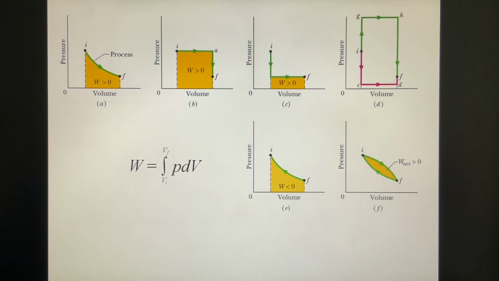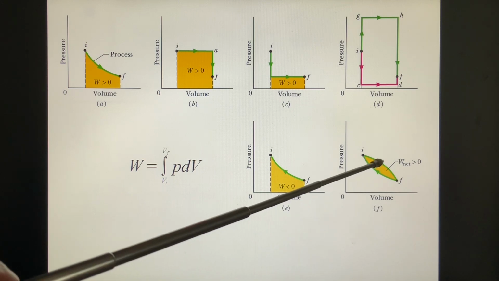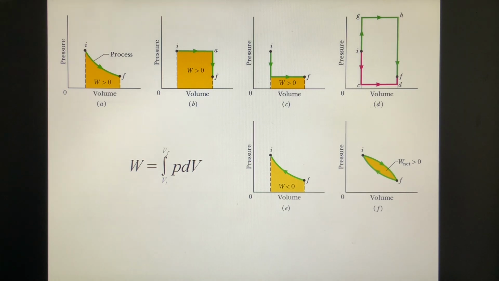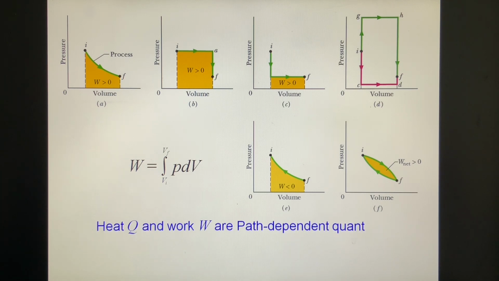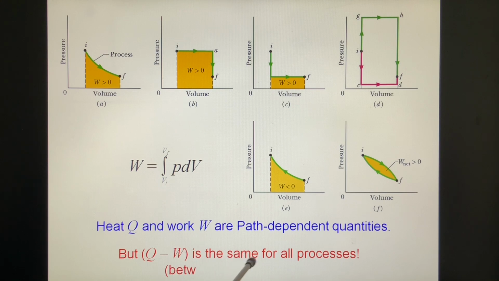If you go around, this is a loop. Heat Q and work W are path-dependent quantities; they depend on the path. But Q minus W is the same for all processes between two fixed points. So that gives us a lot to think about.